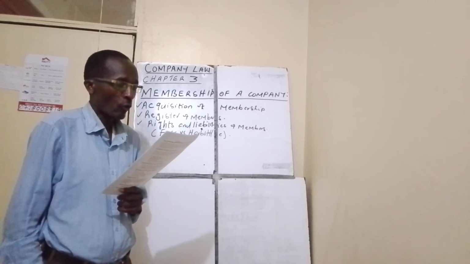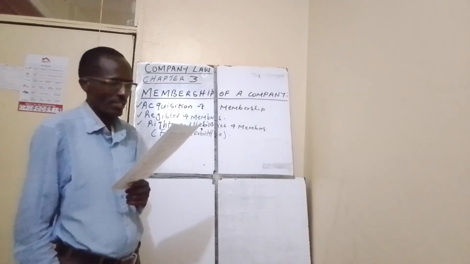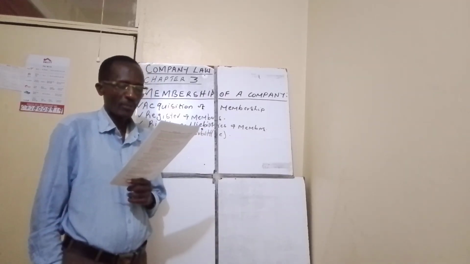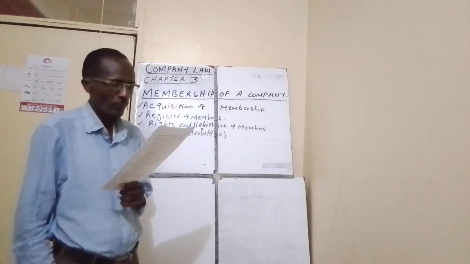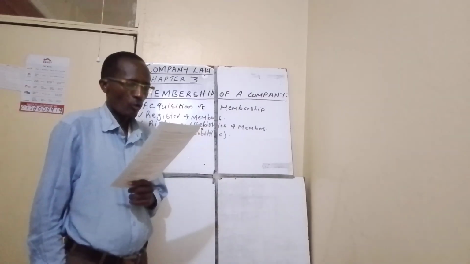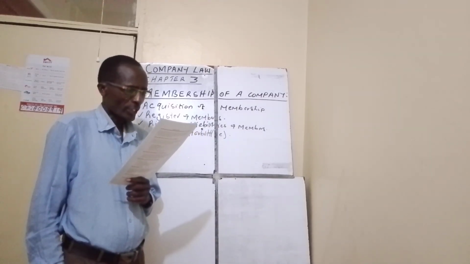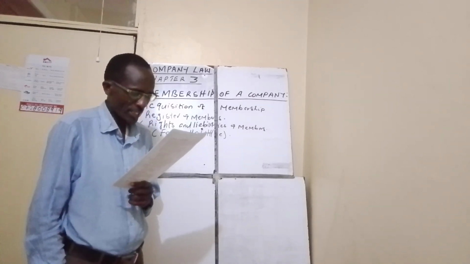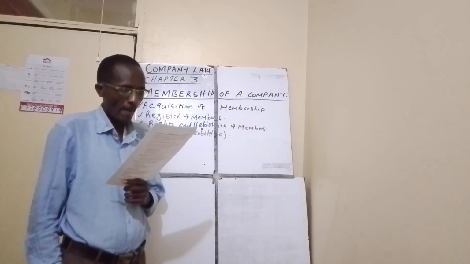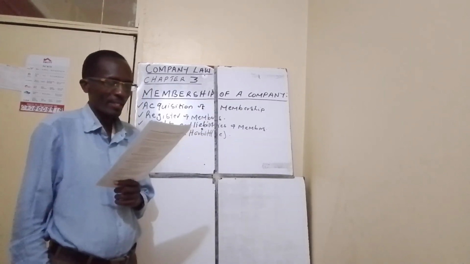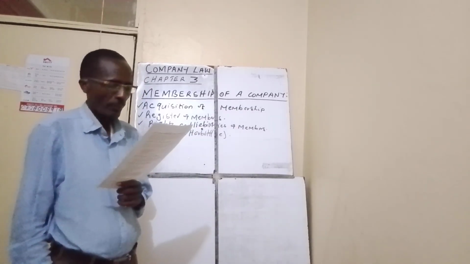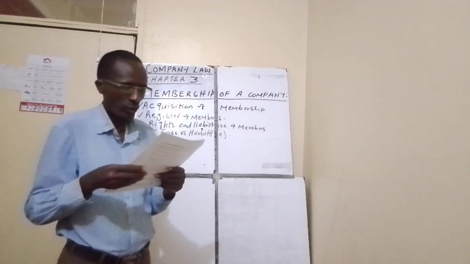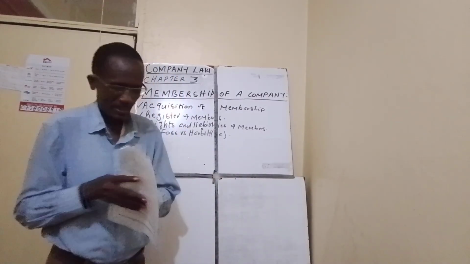And number three, although company law cannot prevent the majority from voting selfishly, they must always do so in the best interest of the company. Majority decision must be set aside if its objects or purpose is one, to benefit the majority at the expense of the minority, and number two, to facilitate expropriation of corporate assets.